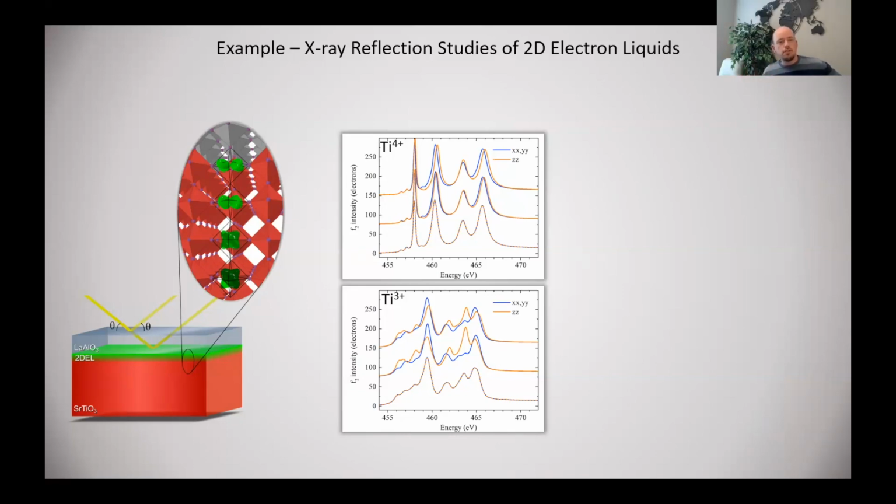In the pure substrate here, strontium titanate, we should have titanium 4+. And then in this electron liquid region, we should have titanium 3+. If we had some fraction of both, the actual X-ray absorption of each one of these layers would be some linear combination of the titanium 3+ and 4+.